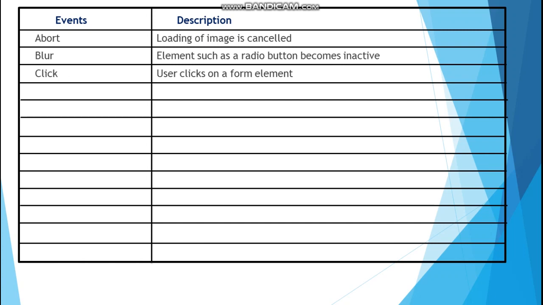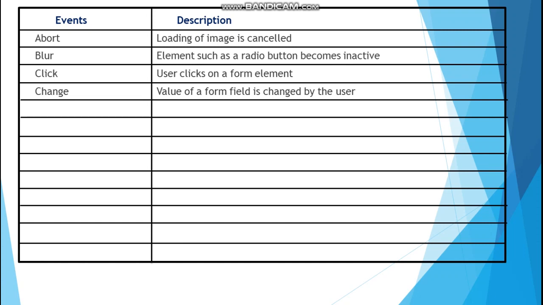Click: the user clicks on a form element. So for example, when you click on OK or any button, then the onclick event occurs for that particular object. The next is change. The value of a form field is changed by the user.